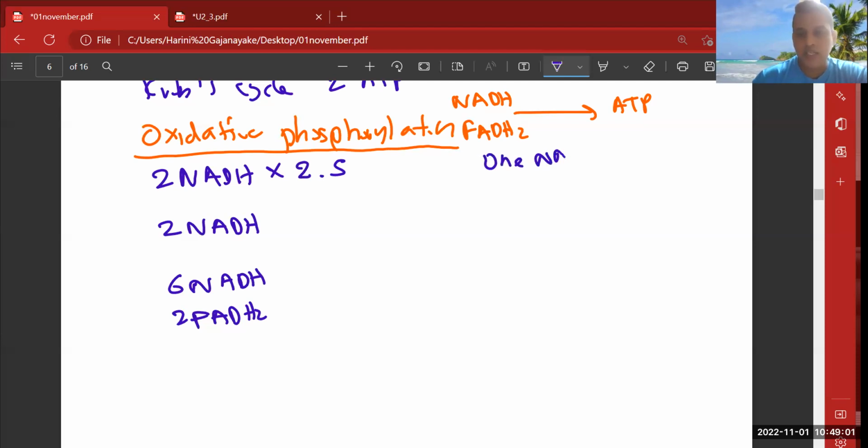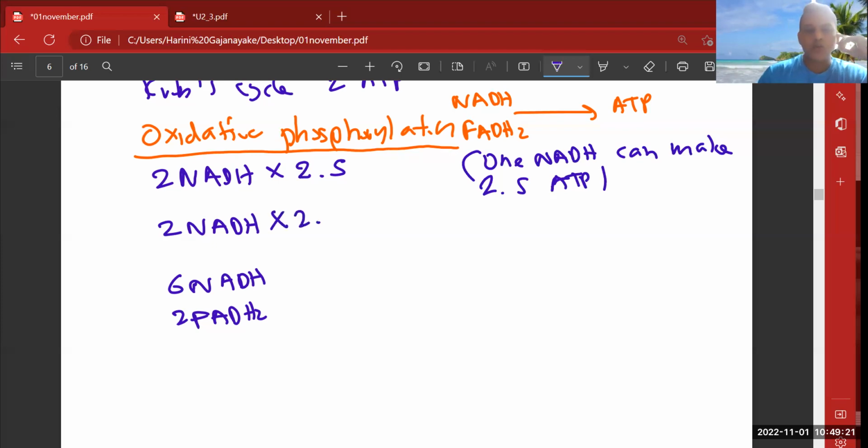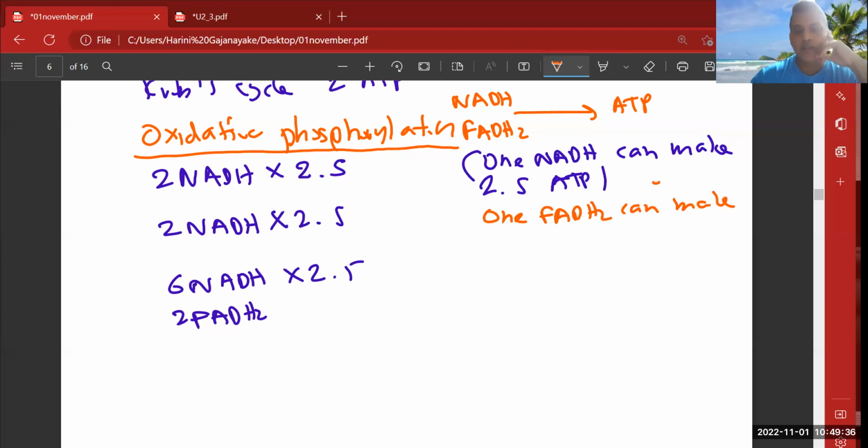This was worked out by scientists, and they came up with this conversion rate from NADH to ATP. And here 2.5 and here 2.5. Then FADH is different. 1 FADH can make 1.5 ATP molecules. So this should be 1.5.